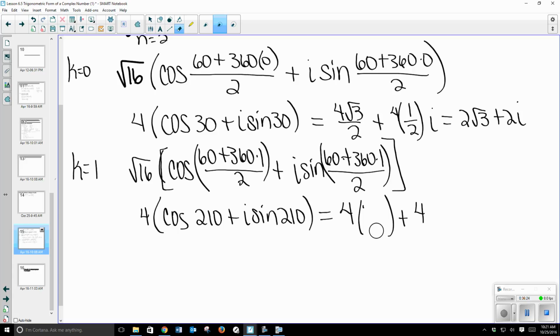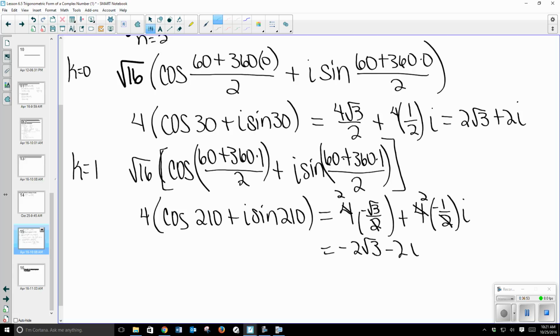That's not right. It's not supposed to be 7 pi over 6. Cosine of 210 is negative root 3 over 2. Not the angle. And then sine is negative 1/2, which is negative 2 root 3 minus 2i.